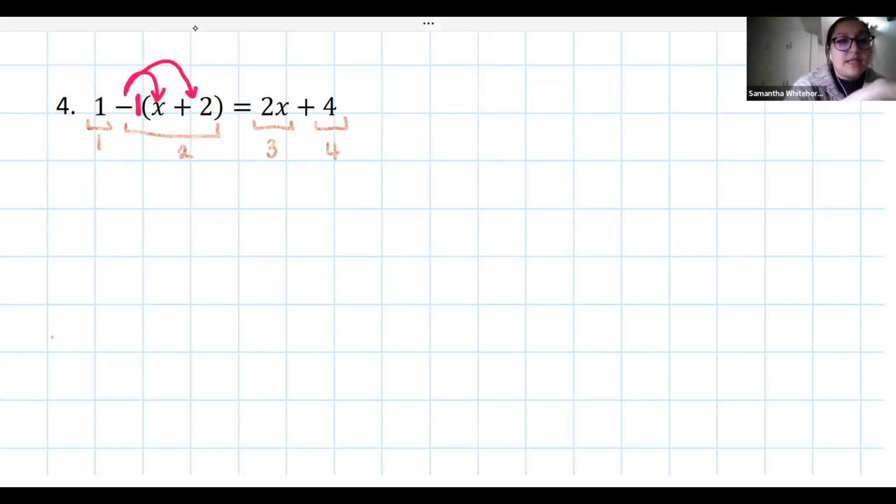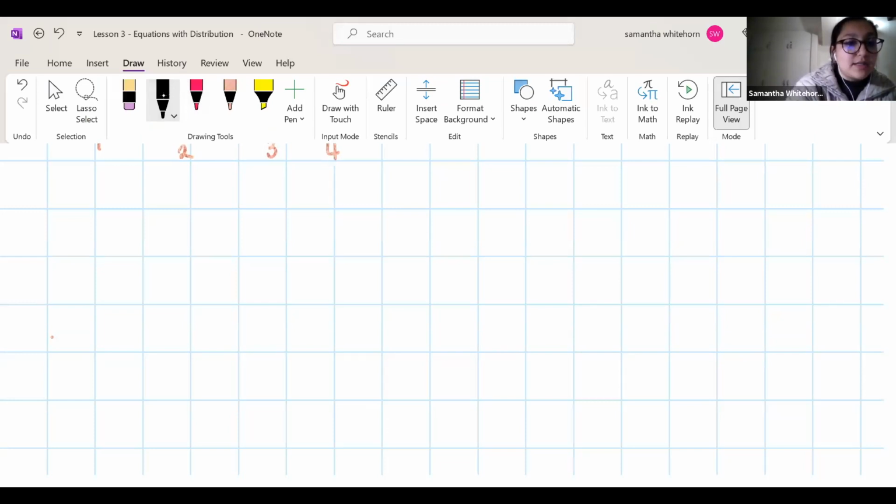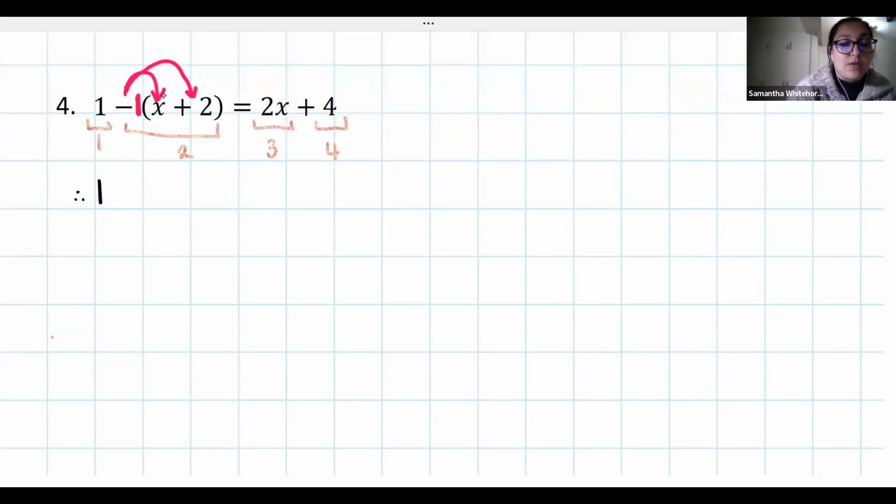And so what that means is on the left, I've got still the 1 because I haven't done anything with that first term. Like I say, we keep it separate. It's still part of the equation, but we're not doing anything with it yet. And now I'm distributing in that -1. So it's minus x minus 2, because remember, negative times a positive is a negative. And on the right, I still have my 2x plus 4.